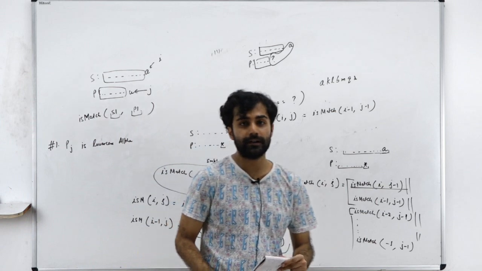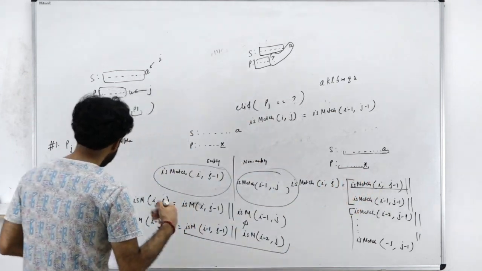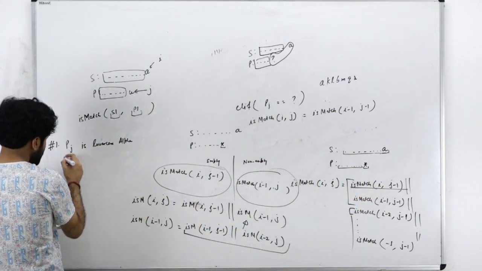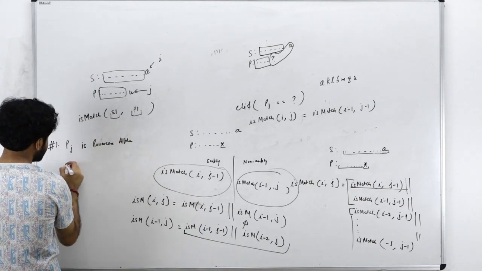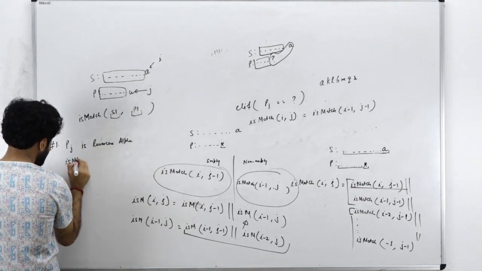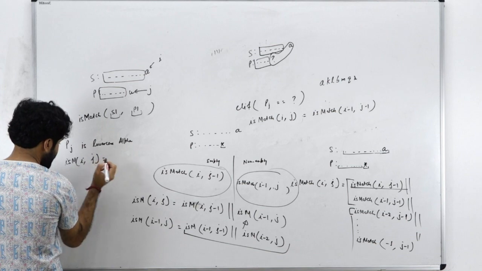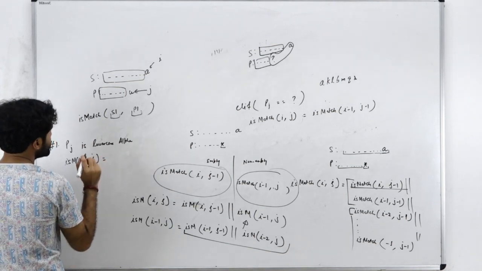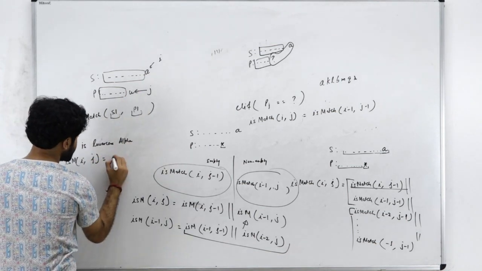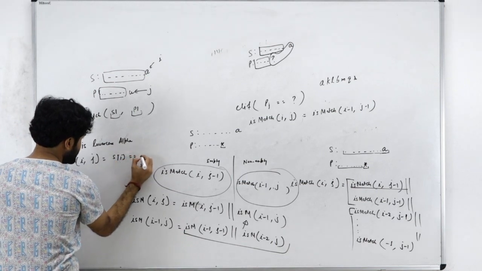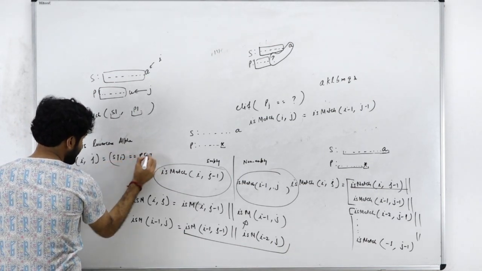Yeah. So if you would have seen here, just try to understand what is happening. Say for example, this was the case. In this case, match(i, j) was equal to, first, that the last character should be matching, which is s[i] and p[j] must be exactly equal.